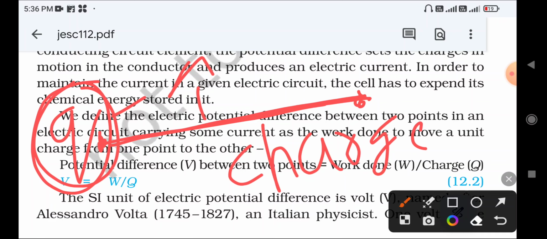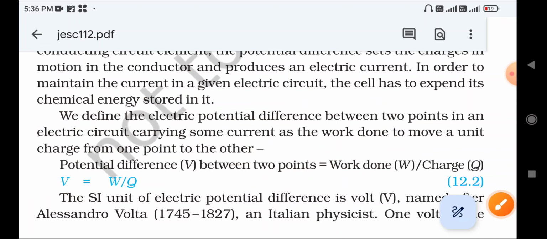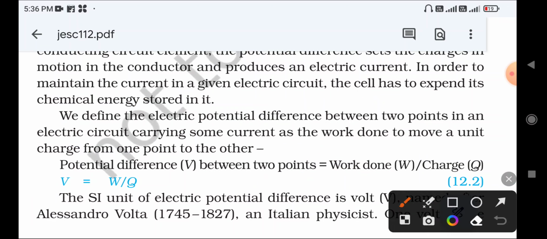Basically we are moving a charge from one place to another, so that requires energy, and that energy is called the potential difference. What is the simple definition? Work done to move a charge from one point to another point.